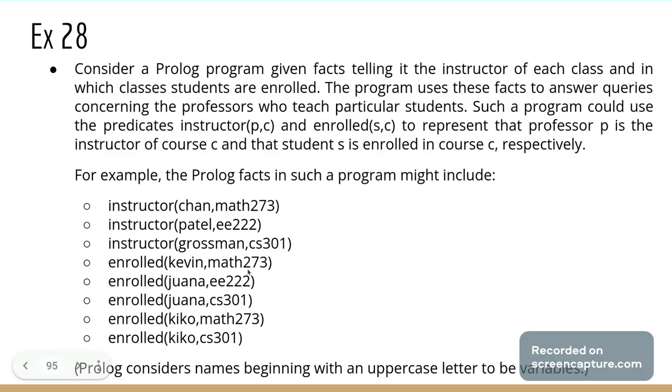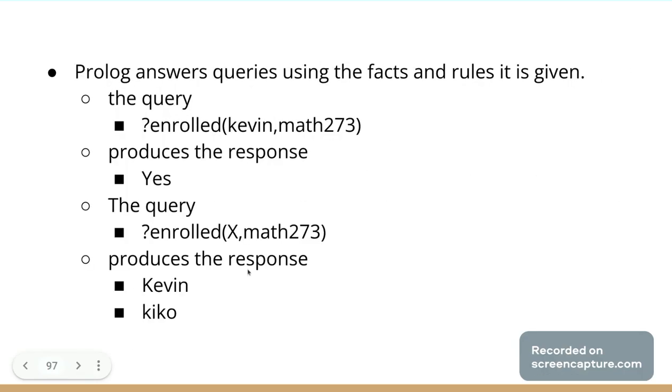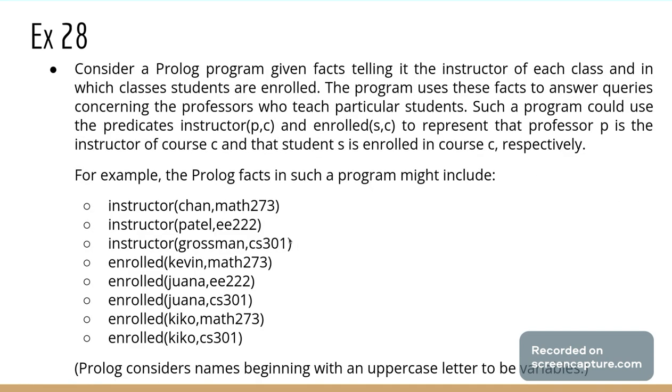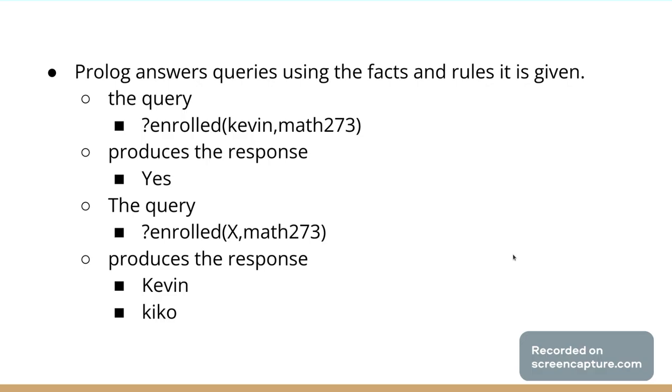Kevin, yes. So the answer is yes. The next query is enrolled(X, math 273). Who are the students enrolled in math 273? We can see that Kevin is enrolled in math 273 and Kiko is enrolled in math 273. So the answers are Kevin and Kiko.